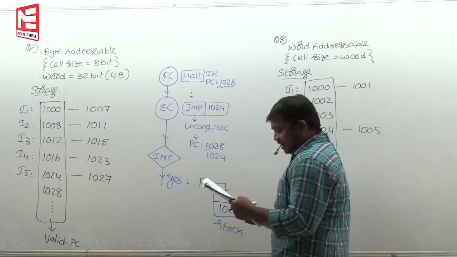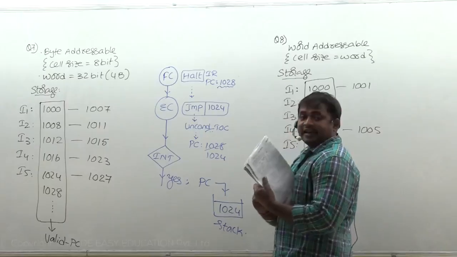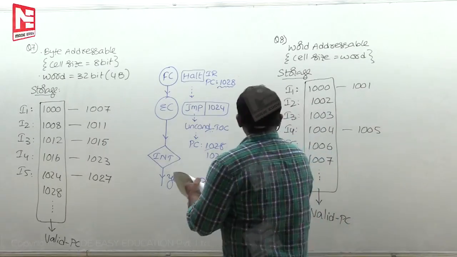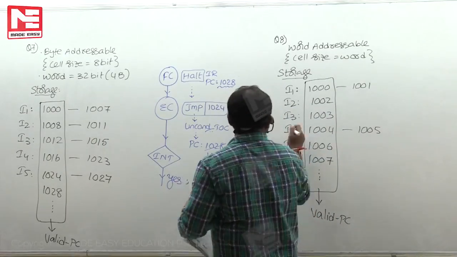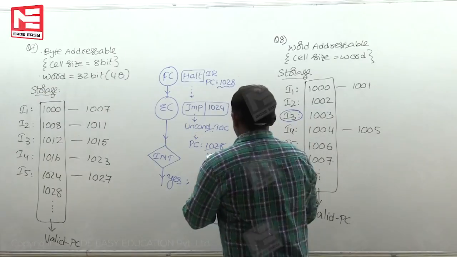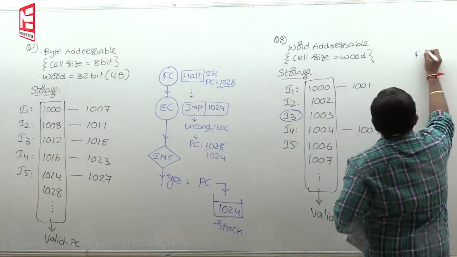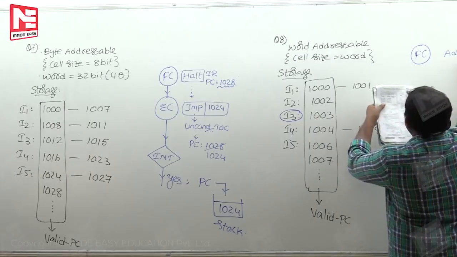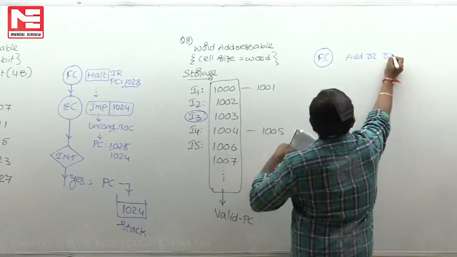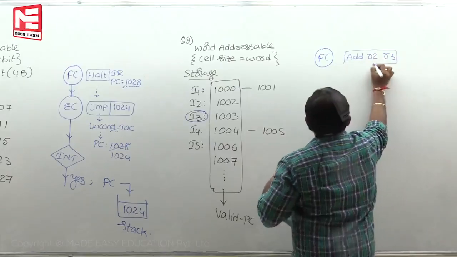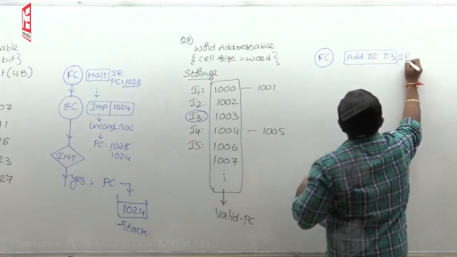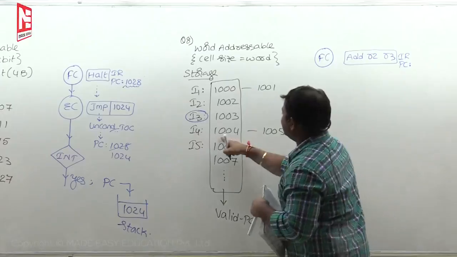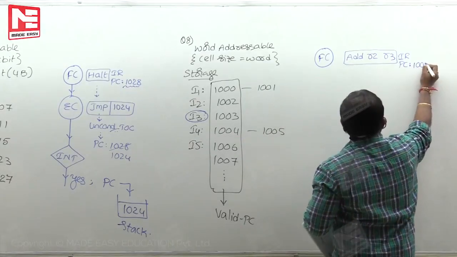If an interrupt occurs during the execution of add, which instruction is add? I3. I3 is the add. So see this fetch cycle. What is this instruction? ADD R2 R3. This instruction is fetched into IR. The program counter increments to the sequential address 1004.